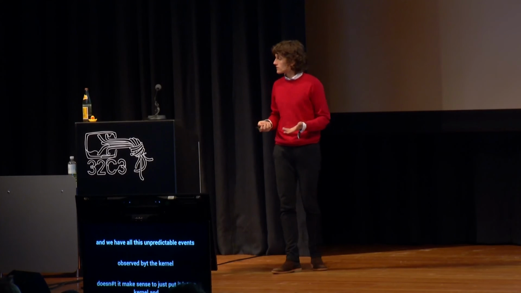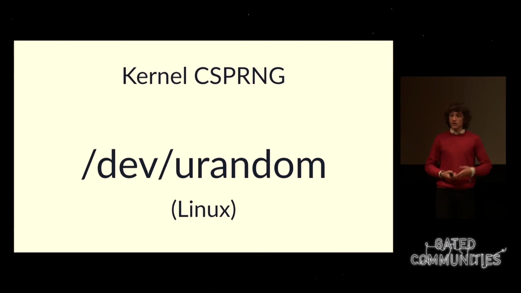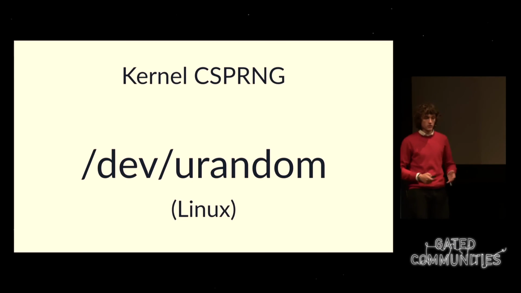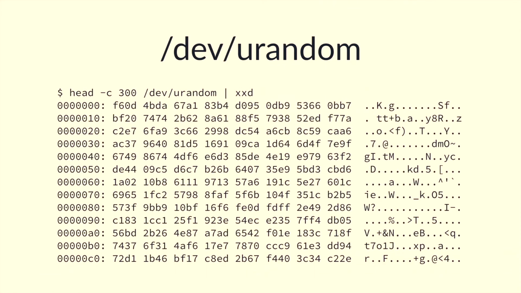Turns out, it's such a good idea that it's exactly what Linux did and all the other operating systems. In Linux, it's called dev-urandom, and it looks like a file. You read it like a file, and it's technically a character device. And every time you read 100 bytes from it, it runs a CSPRNG on an entropy pool, not different from the one I presented.